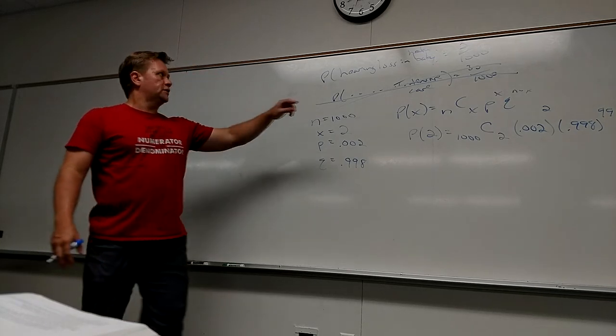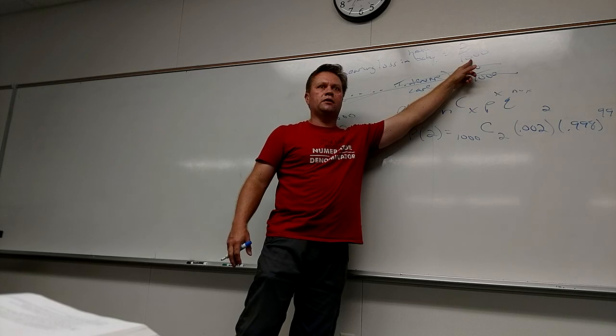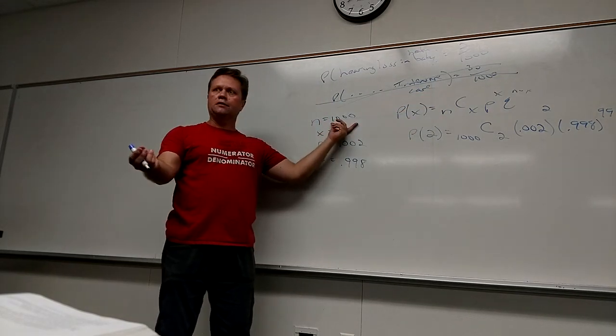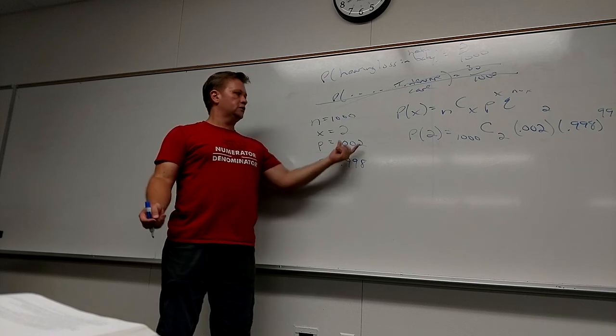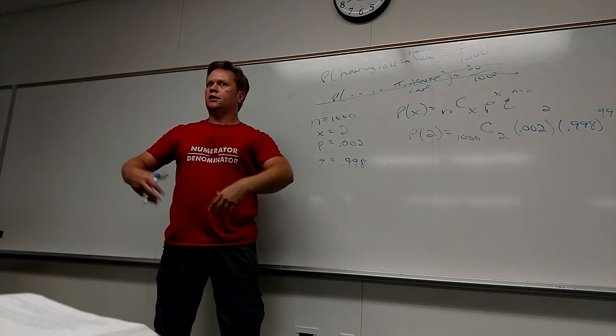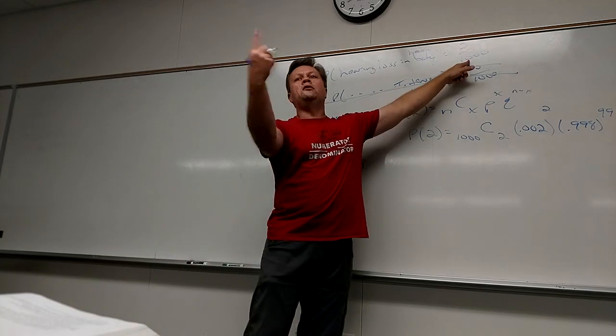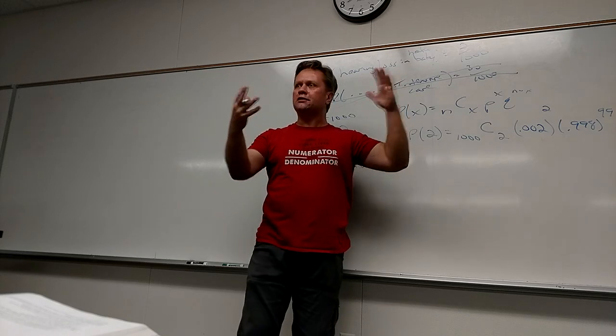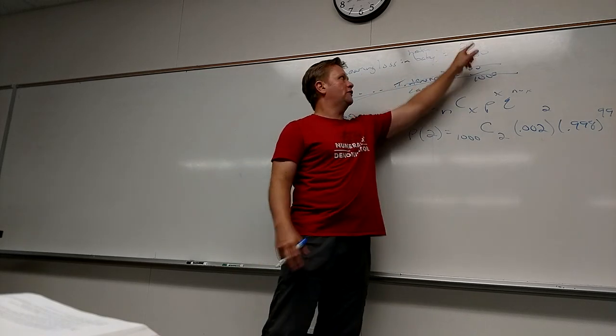I always have people that just say this is the probability or something. This is a binomial probability. There's 1,000 babies, so it's n. There's a probability of success, probability of failure. There's a number of successes they want. So it's a little more complicated than just saying this. This is probably one baby has hearing loss. What's the probability that I get 2 babies out of 1,000? That's different. That's not 2 out of 1,000.